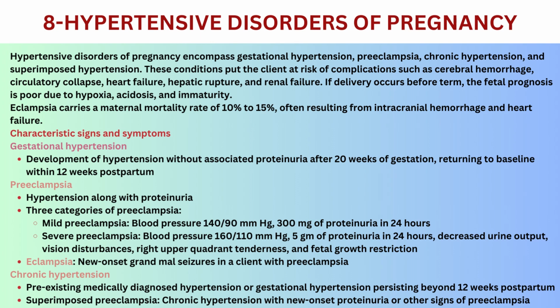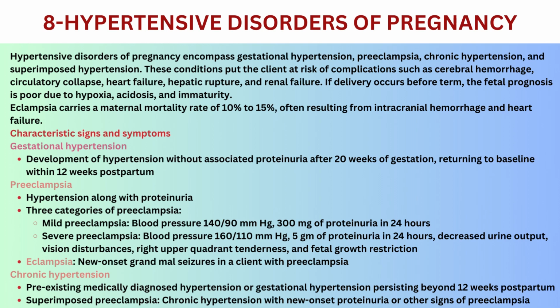The characteristic signs and symptoms: for gestational hypertension, development of hypertension without associated proteinuria after 20 weeks of gestation, returning to baseline within 12 weeks postpartum. For preeclampsia, hypertension along with proteinuria.